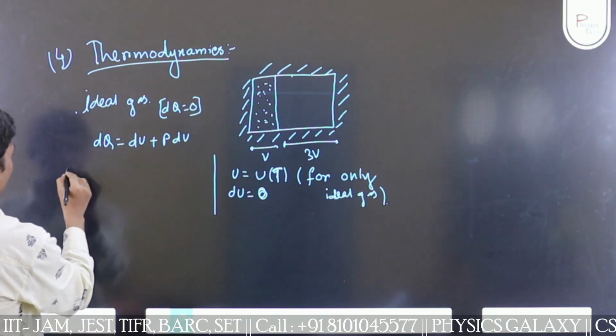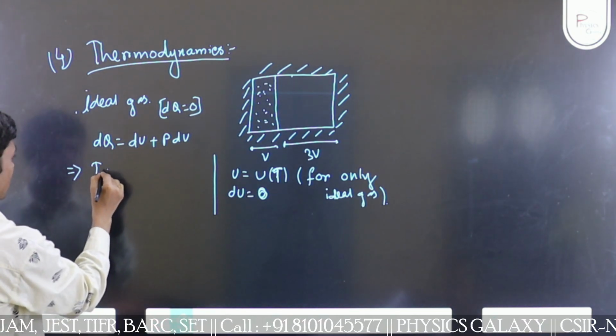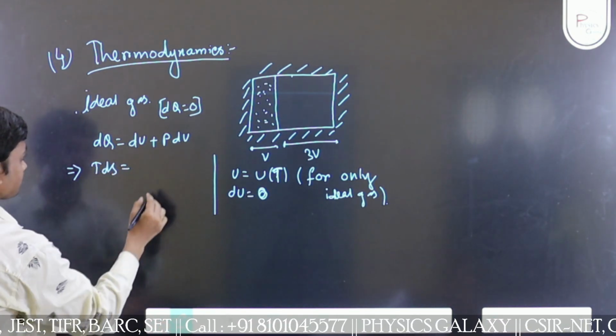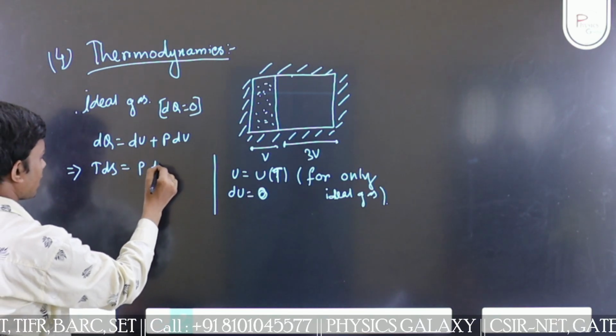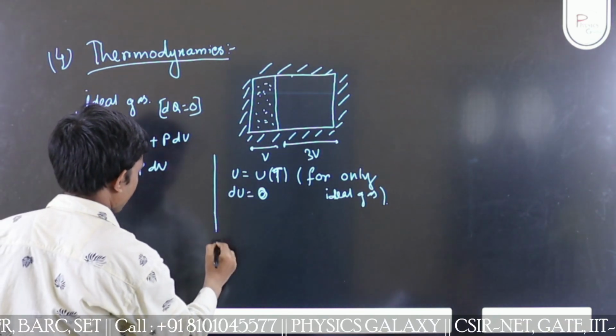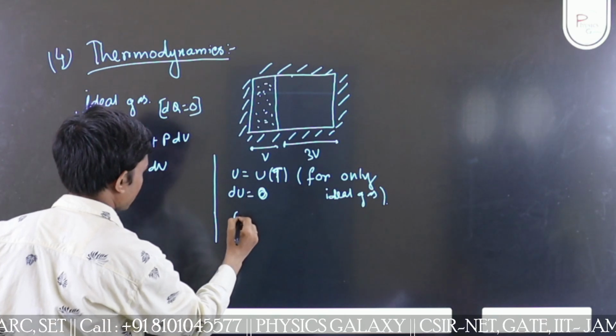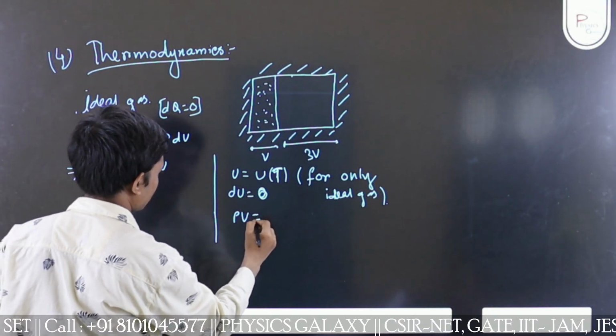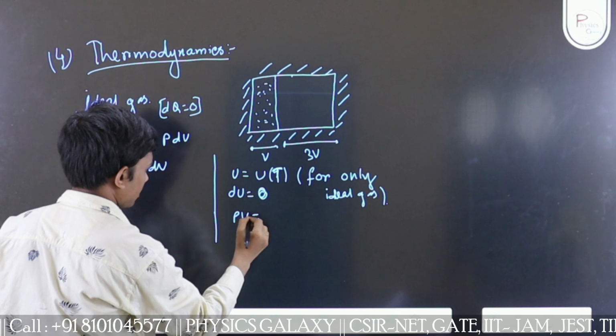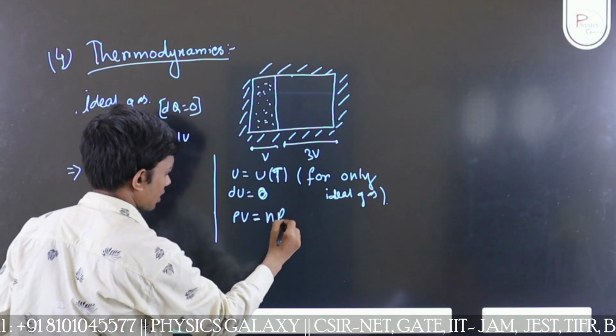Okay. And PdV, as the gas is an ideal gas, we can use the universal gas law PV equals nRT.